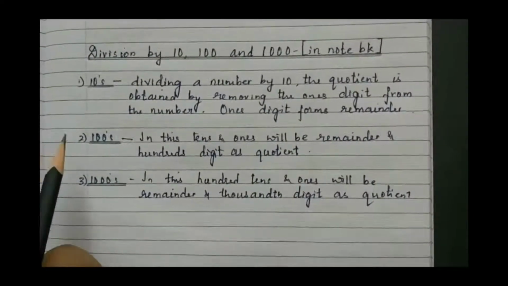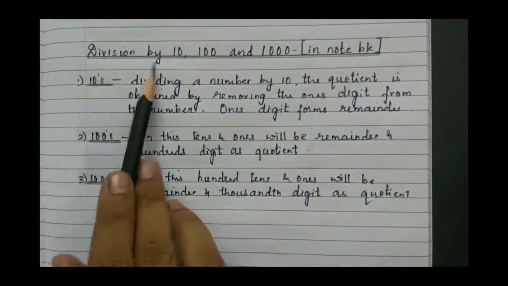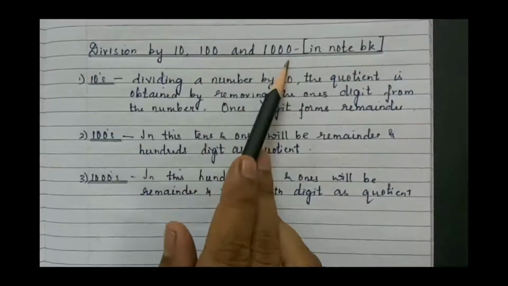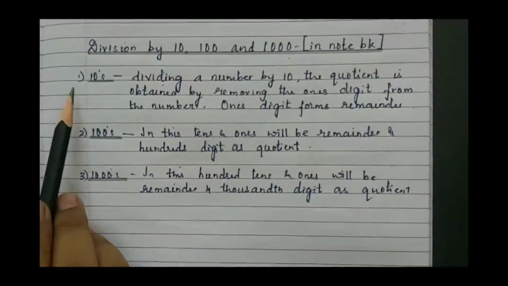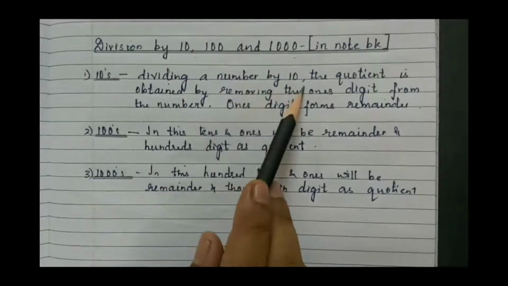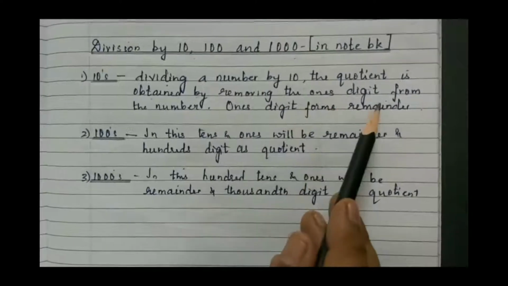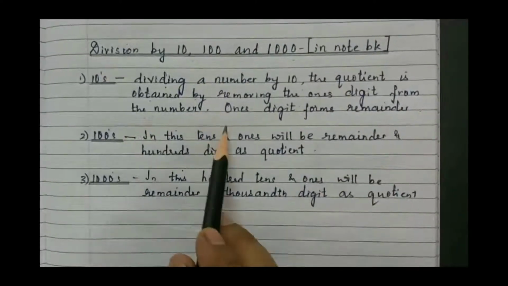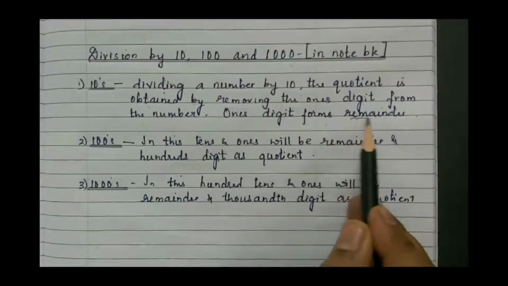The next point we need to study is the easiest way of division. Division by tens, hundreds and thousand in notebook. Okay, children. Question number, that is first one. Tens. In tens, dividing a number by 10, the quotient is obtained by removing the ones digit from the number. That is, the ones digit forms as remainder.